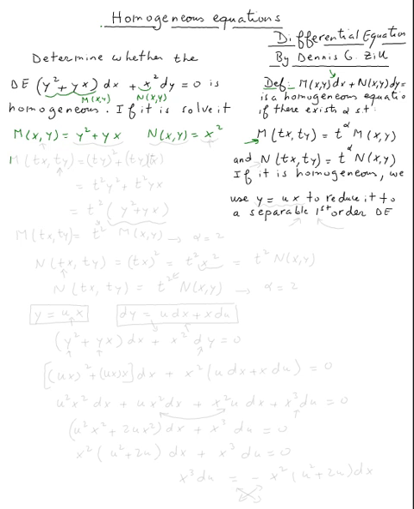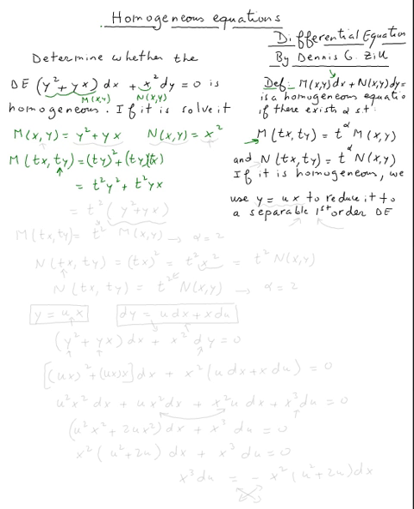So let's verify this property. M of tx, ty is going to be equal to y squared, meaning the second component squared, plus y, the second component, which is ty, times x, where x is the first component, which is tx. Now this is equal, just using algebra, to t squared y squared, t times t is t squared, and then yx.